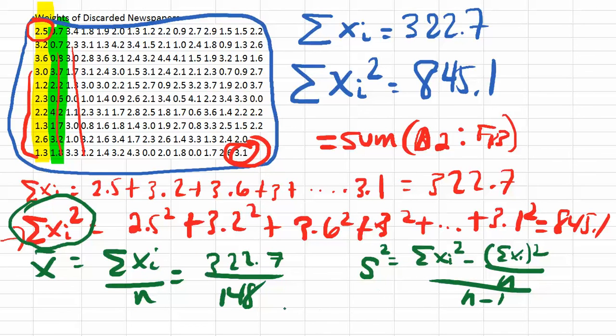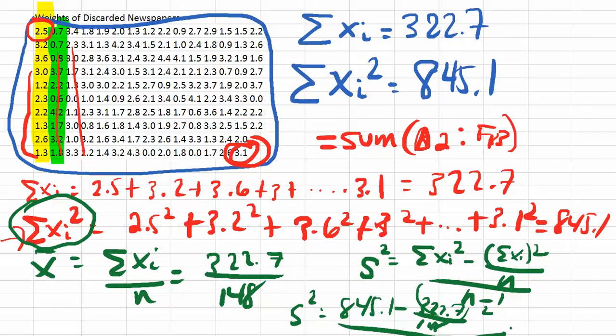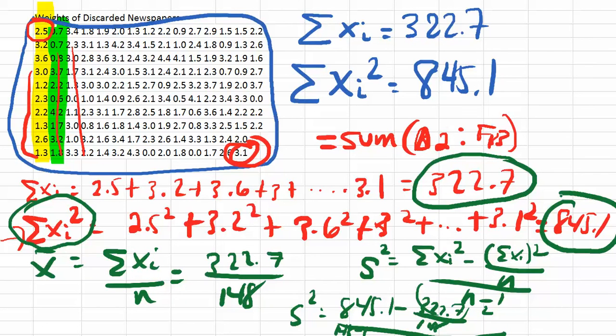So in this case, we know that sigma xi squared is 845.1 minus 322.7 squared over 148, and divide everything by 148 minus 1, 147. So that's why we give you these, so that you can calculate things fast by hand.